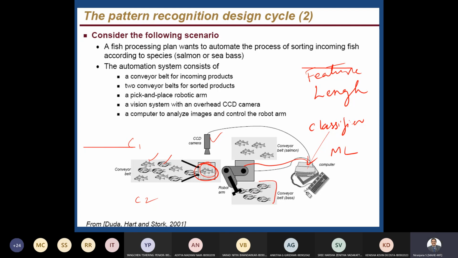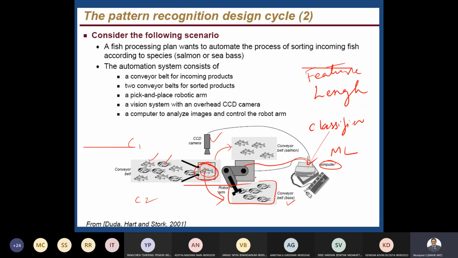Maybe it is another conveyor belt where it is just dropping. So from here it may be dropped here if it is of kind sea bass. If it is salmon, it will just drop it here. The robotic arm will be actuated by a computer which has a suitable algorithm. So that takes a decision when the image is captured and makes a movement.